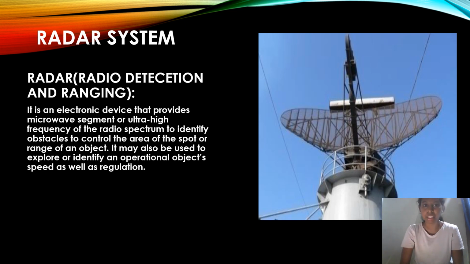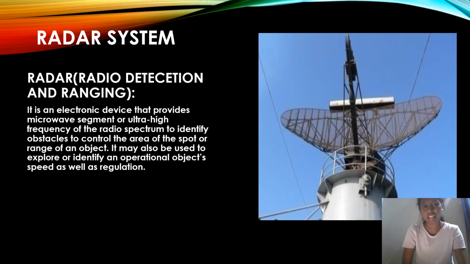Let's move on to the meaning. What is a radar system? It is an electronic device that uses the microwave segment or ultra high frequency of the radio spectrum to identify obstacles and determine the range of an object. It may also be used to identify an object's speed.